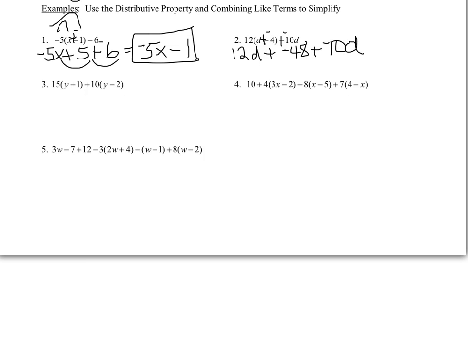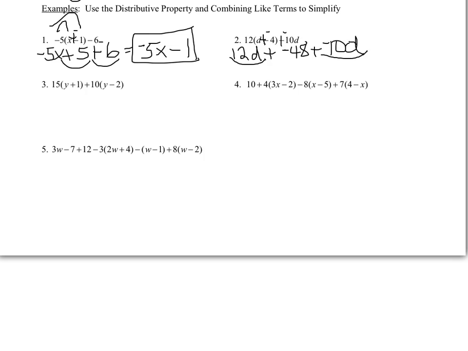Okay, so we've gotten rid of grouping symbols. Now we want to combine like terms. I usually start with my variables first, and if there's more than one variable, I go in alphabetical order. We would just have d's here. So I have 12d and negative 10d. You can see I'm even underlining them. I sometimes like to use actual visual cues to make sure I'm combining the right things.